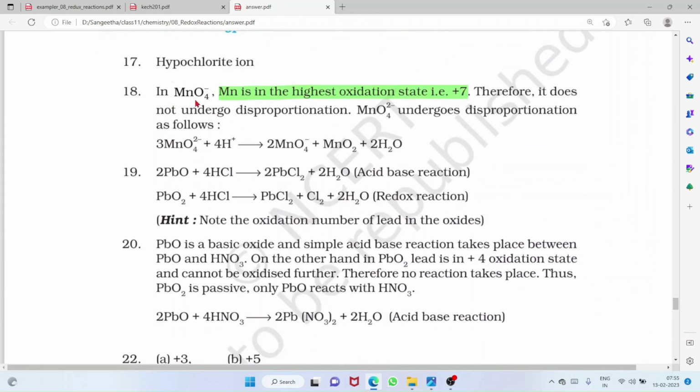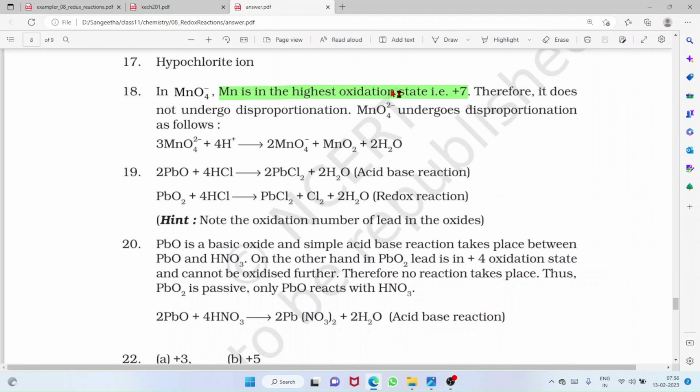Okay, MnO4, Mn is in the highest oxidation state. Okay, above that it can't be oxidized. That is +7 because O is -2. So Mn plus -8 equals -1. Then Mn is in the +7 oxidation state. Therefore, it does not undergo disproportionation. Okay, but here it undergoes a disproportionation reaction as follows.